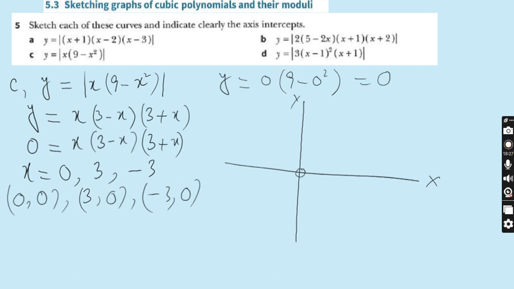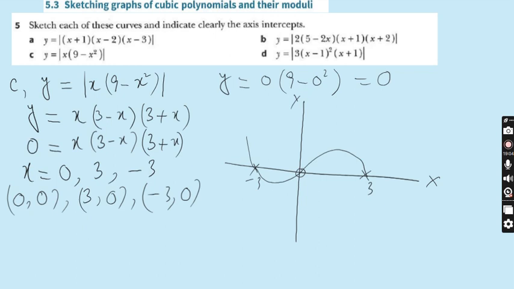So 0 0 and 3 0 you can say over here, and minus 3 0 you can say over here. So our graph looks like this one.